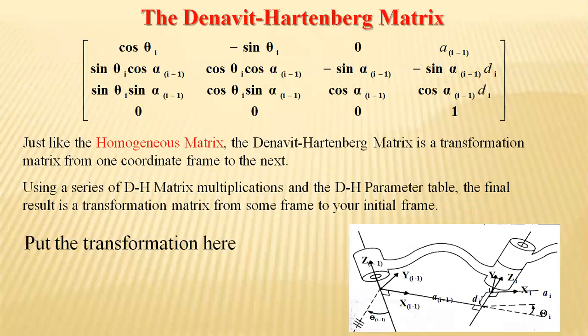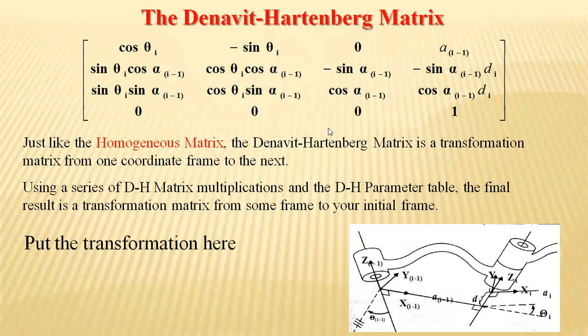Here, just like the problem we solved in the homogeneous matrix, the rotation, the transformation towards the x-axis, towards the y-axis, and towards the z-axis, here we'll also have the common formulation. And here the theta represents the rotation, and alpha represents the orientation.